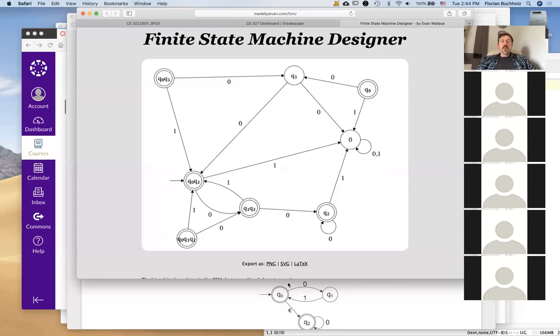In order for us to accept a string here, it has to start with a 0, or it can be completely empty. So completely empty works because start state is an accepting state, just like here. But now if you have a 0, we transition here. And if you now see a 1 again, we go back here. And if you see a 0, so we have this alternating, that's the interaction that used to be here, we were now seeing between these two states.